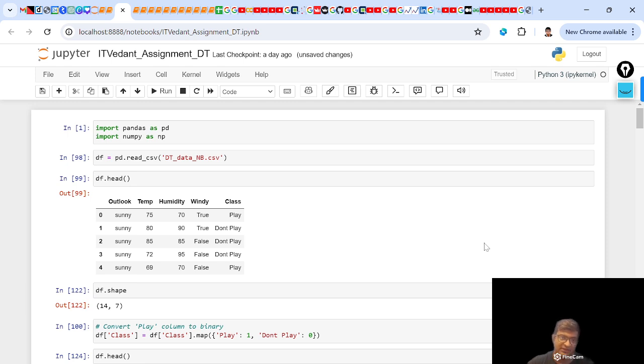So today we are going to learn about the splitting criteria of decision tree and a few important concepts with respect to entropy, information gain, and a new concept called gain ratio.